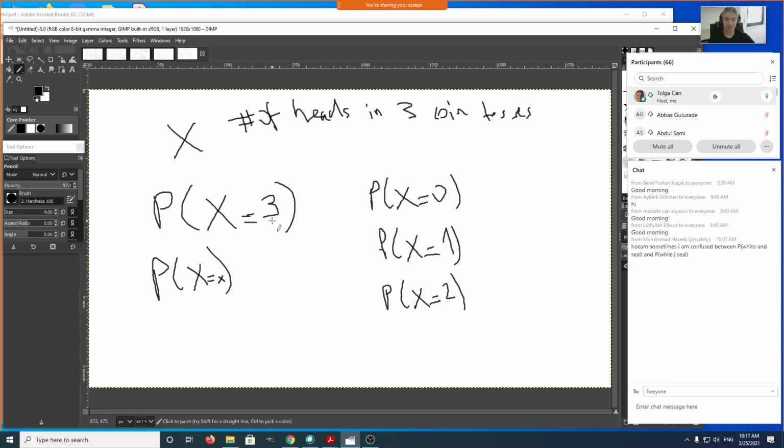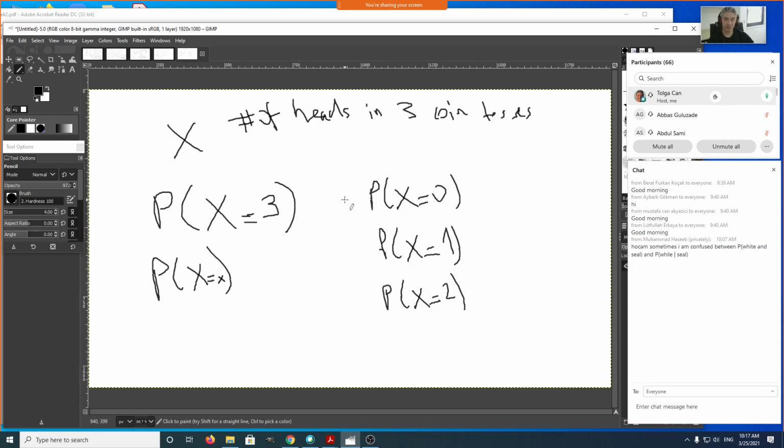For example, if you look at the intersection of these events, can an outcome be mapped to both 0 and 3? No. There is a unique mapping from an outcome to a number. So the intersection of these events is an empty set. So they are mutually exclusive.